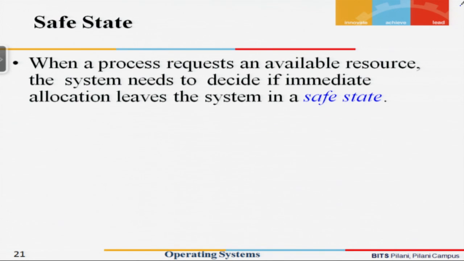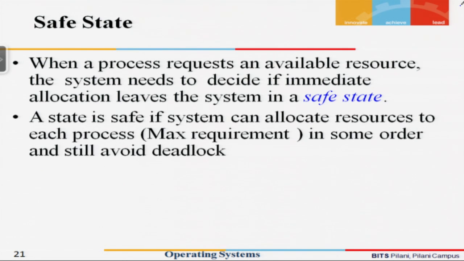Whenever a process requests an available resource from the system, the system needs to decide that if the resource is allocated immediately, whether it will remain in a safe state or lead to deadlock. So we need to define a notion of a safe state. We will see how the safe state is defined.